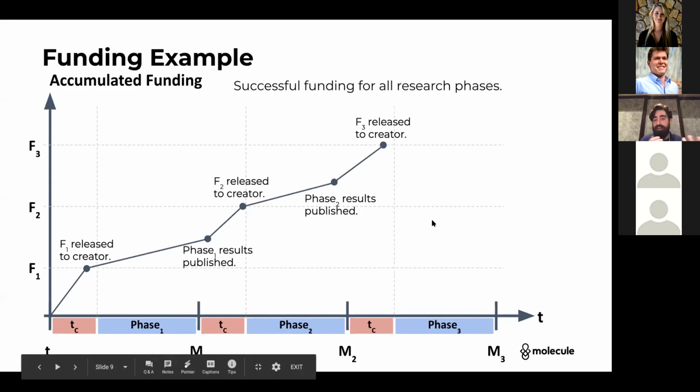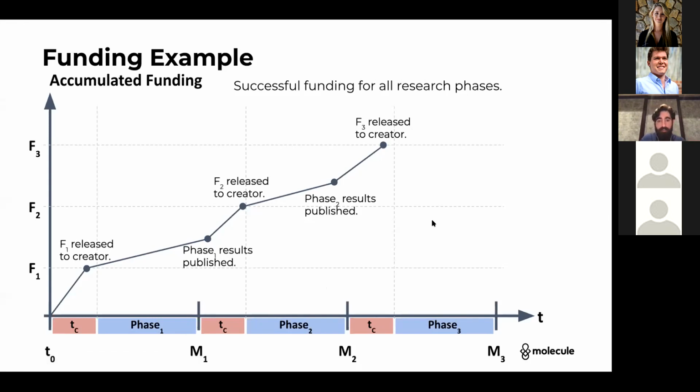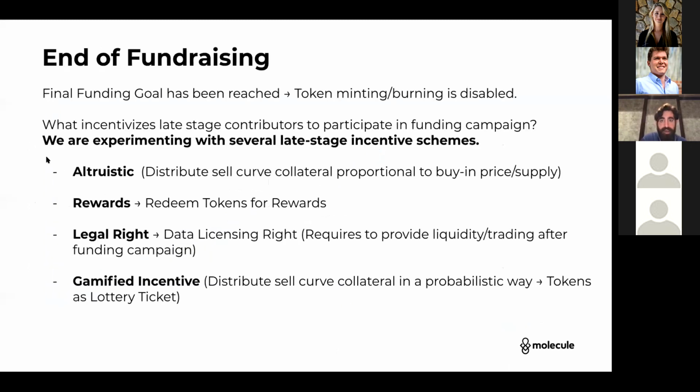And there's obviously a lot of different ways that this could go. And there's a lot of different flavors of bonding curves that you can use to incentivize donation or mitigate risk, depending on where the campaign is at. And this is the other component that's interesting, and this is where we're experimenting at the moment.